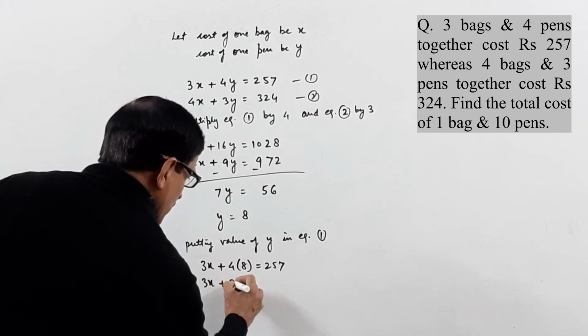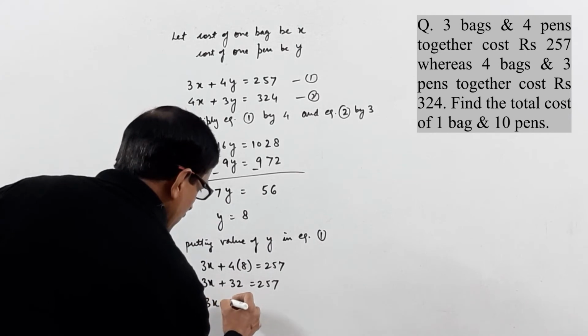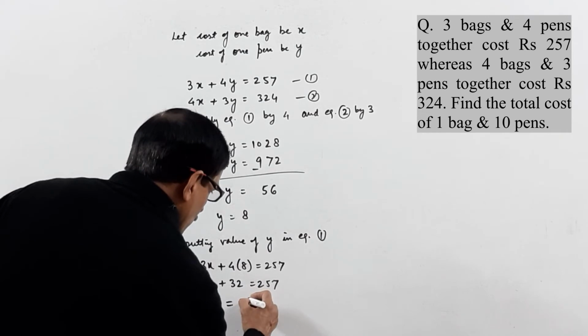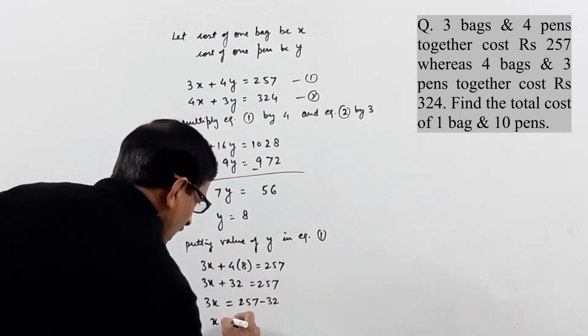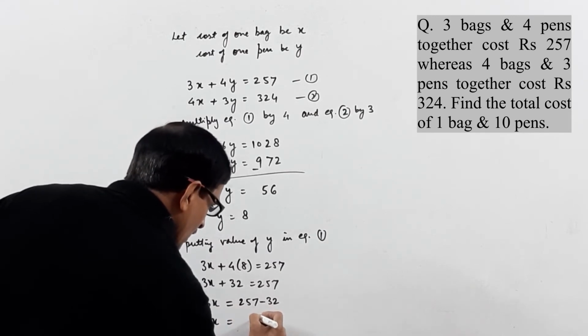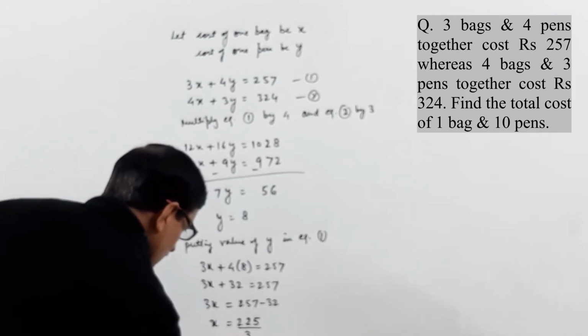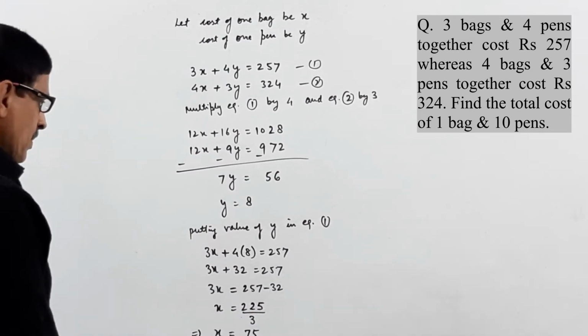3x plus 32 is equal to 257, or 3x is equal to 257 minus 32, or x is equal to 225 upon 3, which implies x is equal to 75.